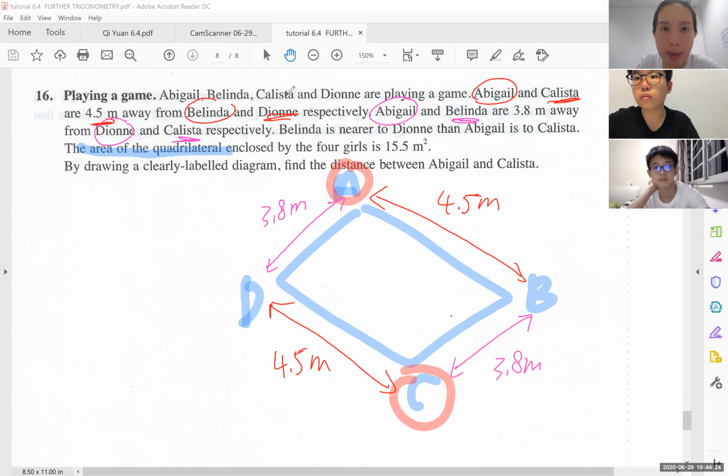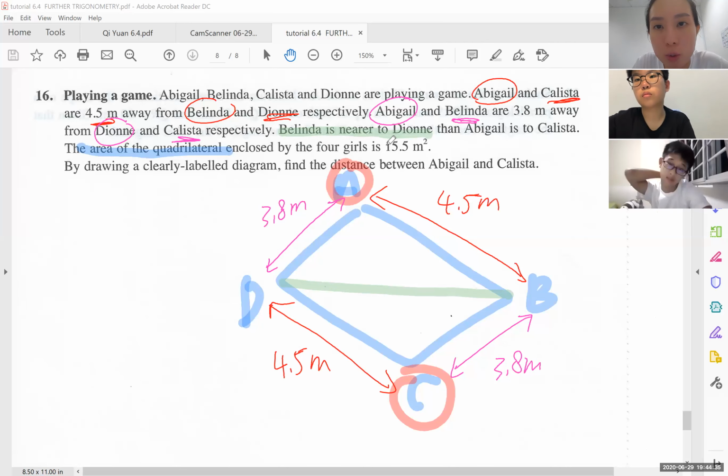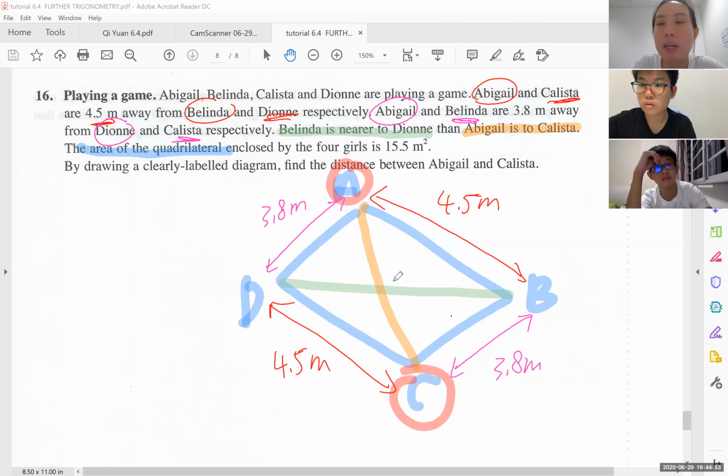They say that Belinda is nearer to Dion than Abigail is to Calissa. Means the length of the green one. Belinda is nearer to D than A is to C. So the green line is longer than the orange line?